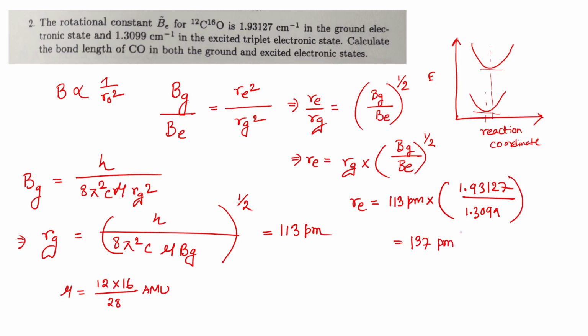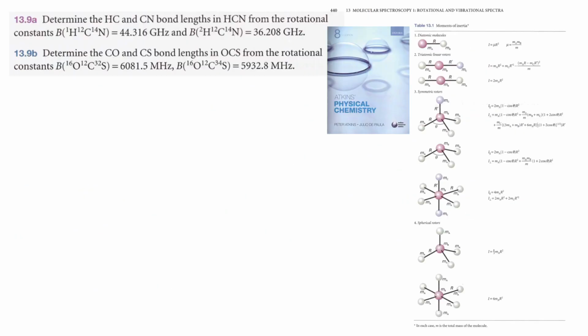Obvious, because your bond length has increased. That's why your rotational constant has decreased. So do you have any questions so far on these numerical problems? No, sir. Not yet. Good.